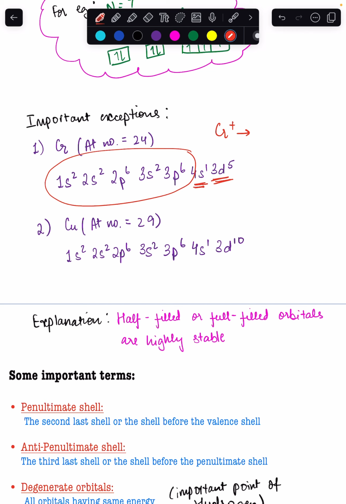And also in these cases, when you have the ending like this, you tend to write it as 3d5 and 4s1, again regardless of wherever the electron went last. This is just the way of writing.